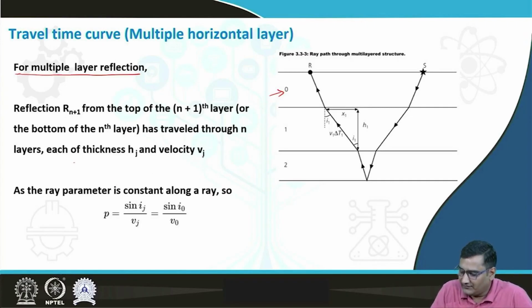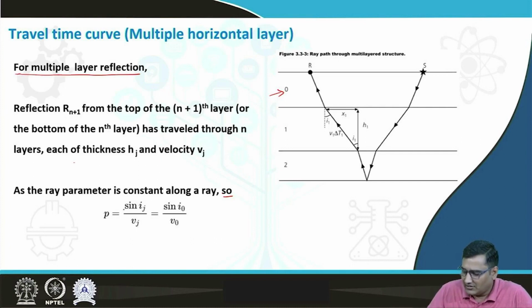Each of the layers has its own thickness and velocity, varying from h naught to hn and v naught to vn. As the ray parameter is constant along the ray, as per our Snell's law, the ray parameter remains constant along the entire path of the ray.